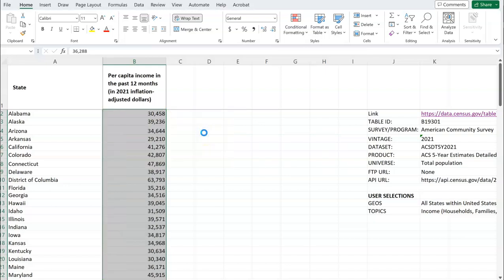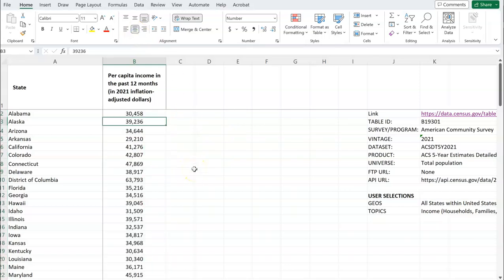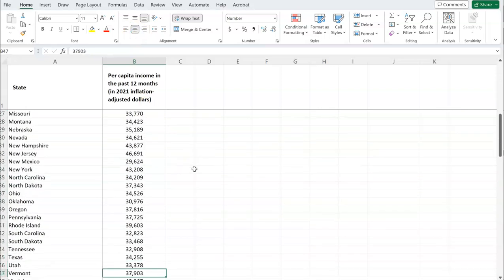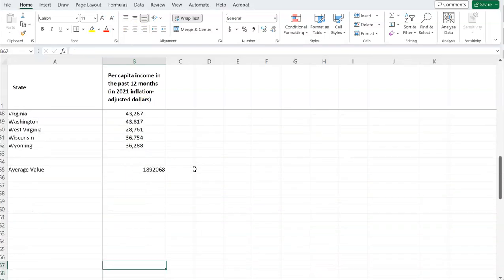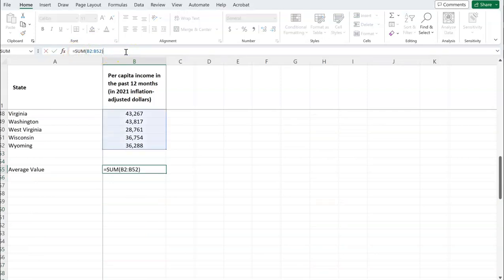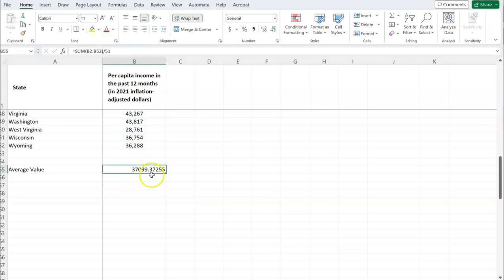So I click on that, and now the numbers that were stored as text are now converted to numbers. So once I do that, I have a total value of the sum divided by 51, and I would get the average, which is 37,099.